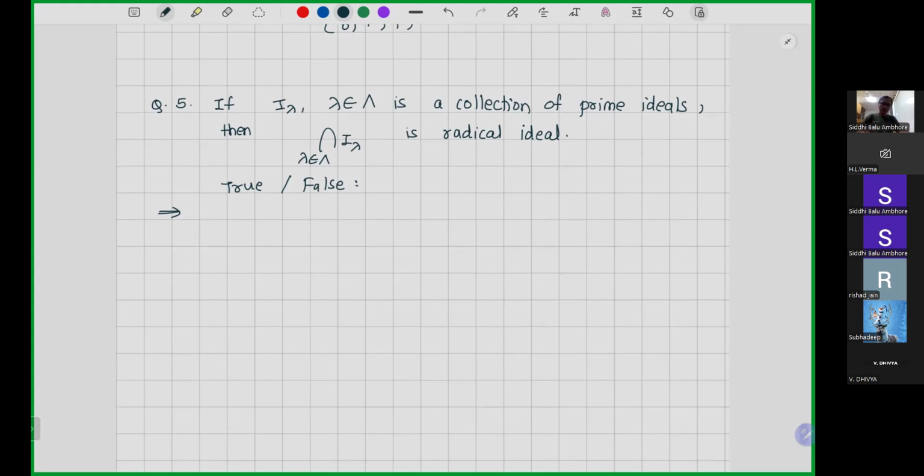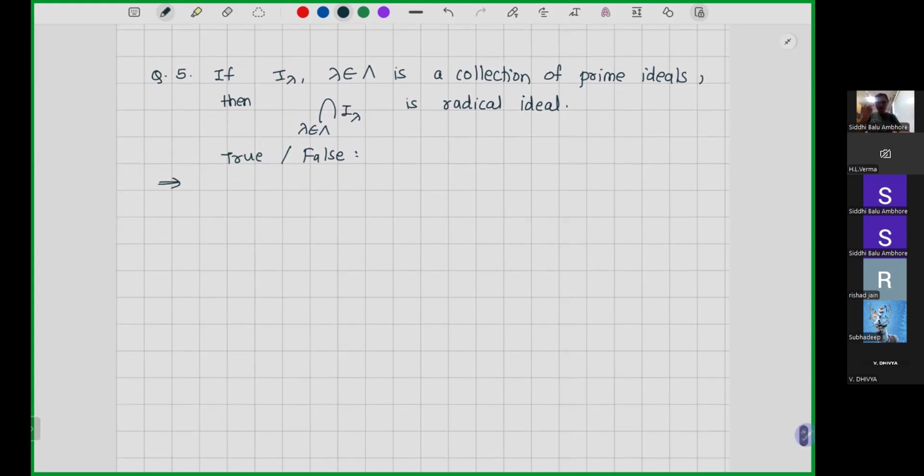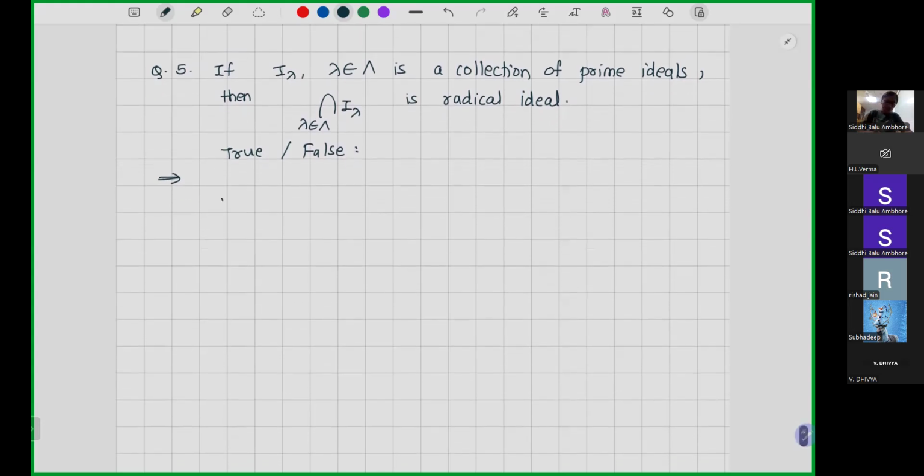Okay, I will give you the definitions. First, prime ideals.